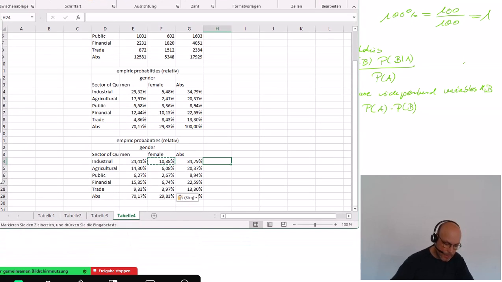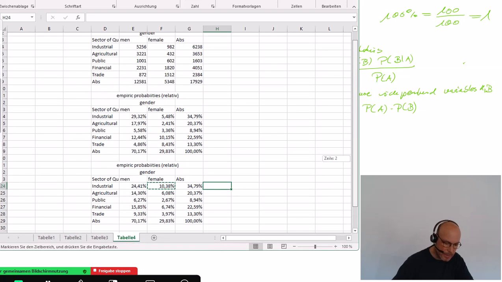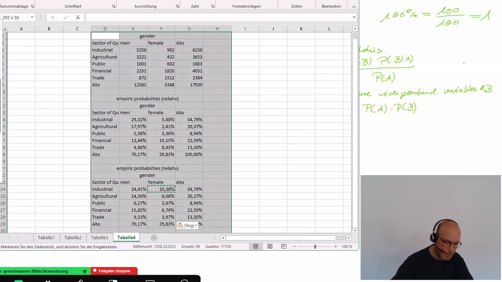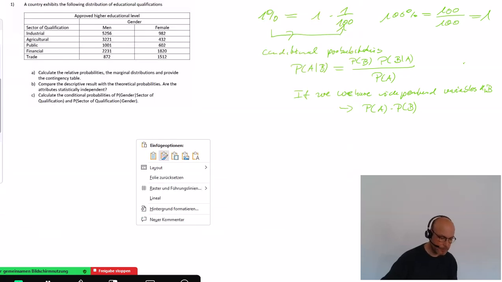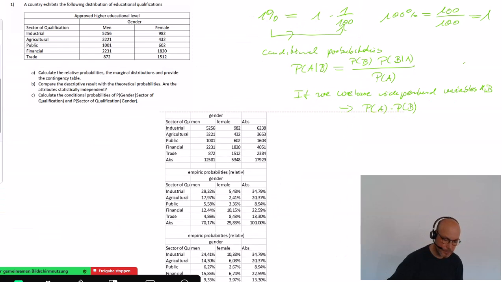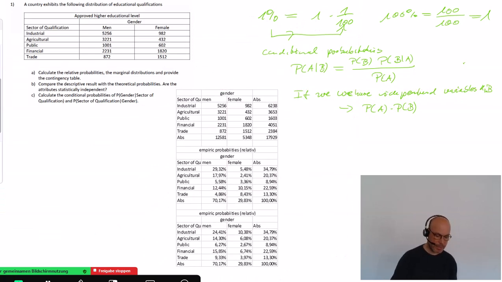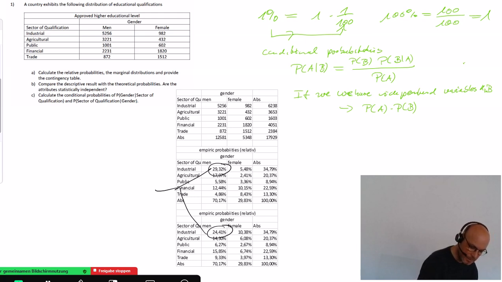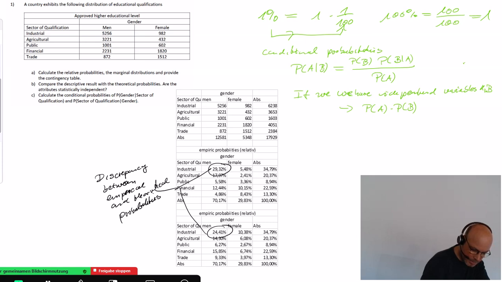Well, and now taking all our results, now we see here the discrepancy between the empirical and theoretical probabilities.